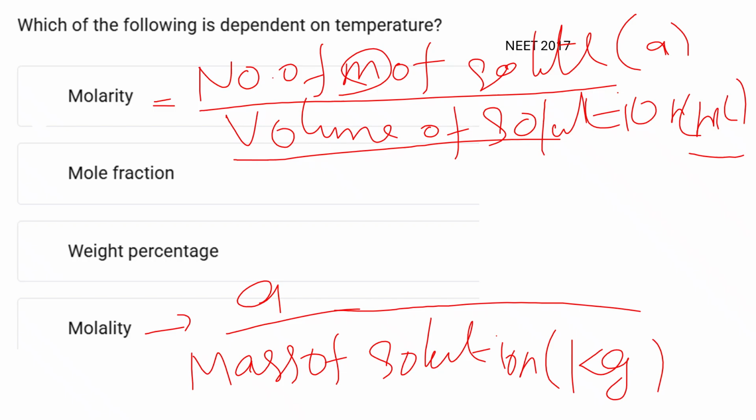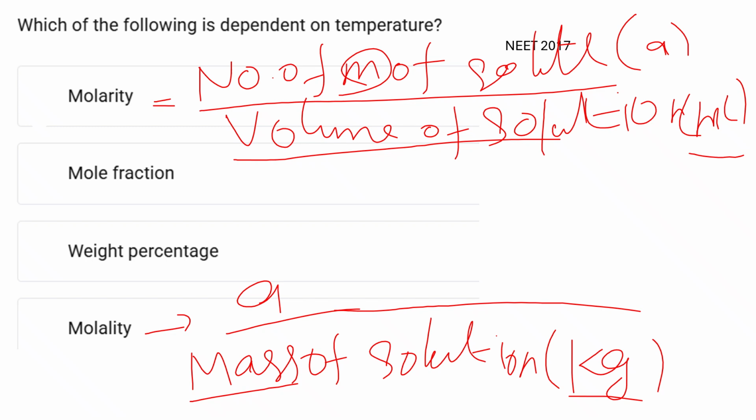The correct way of representing the denominator in molarity and molality is, in the case of molarity, a volume of solution. In the case of molality, a mass of solution, because mass is always measured in gram, kilogram, like those units. Volume is always measured in liter, milliliter, decimeter, deciliter.